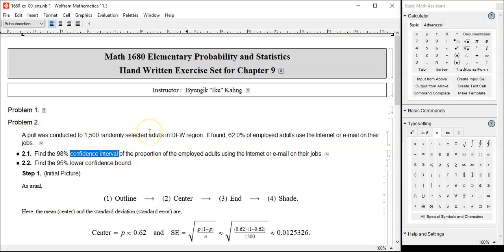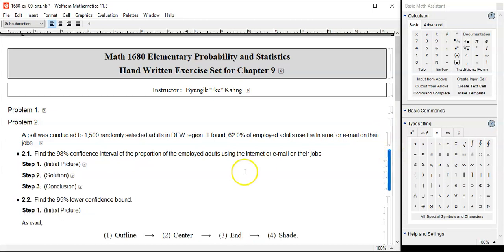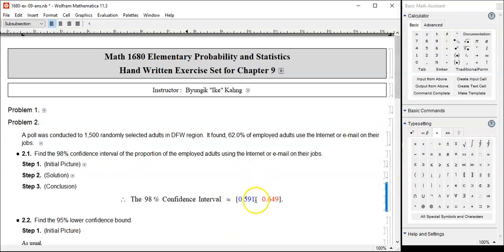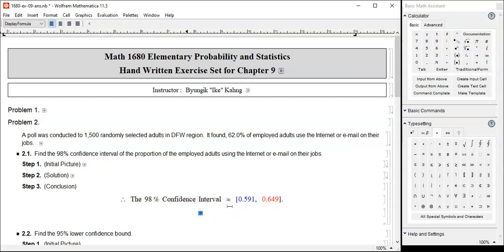And the confidence interval had lower bound and upper bound. And lower confidence bound is not the lower bound of the confidence interval. You see, this one here is the lower bound of the confidence interval, and this is the upper bound.